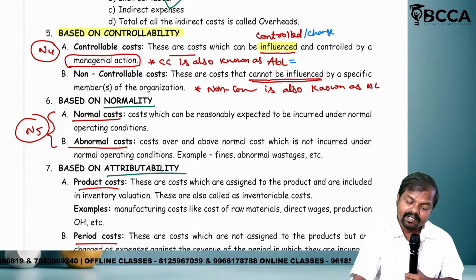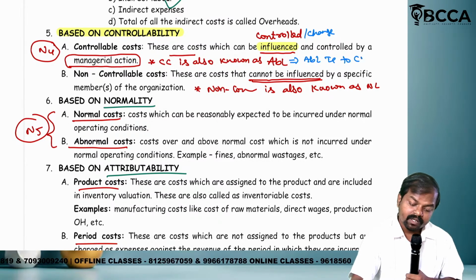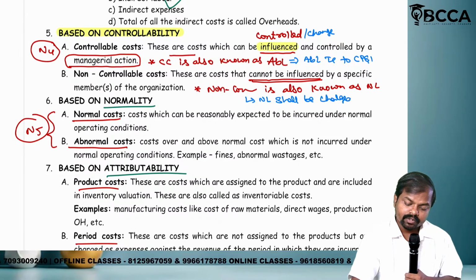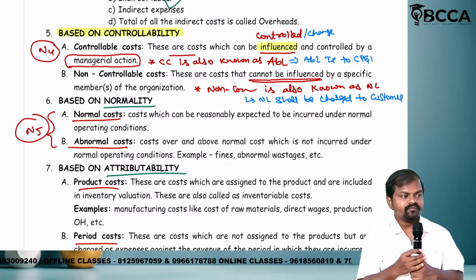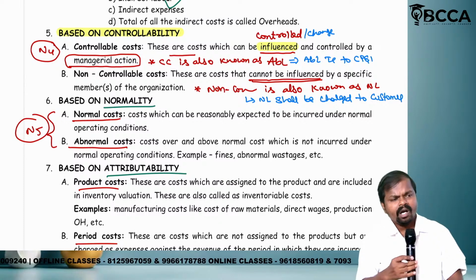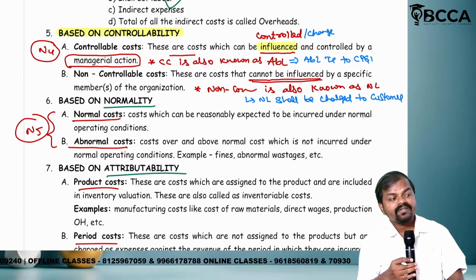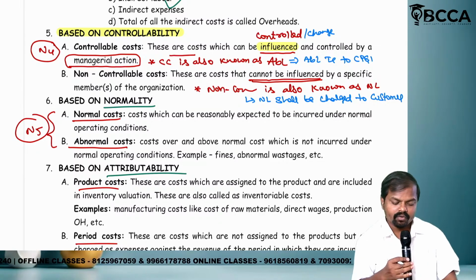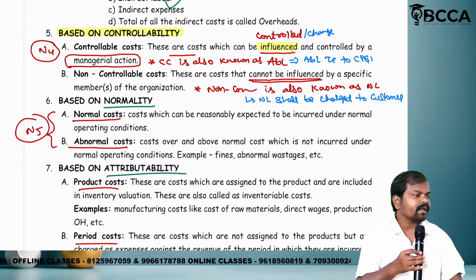Here please write abnormal loss is transferred to costing P&L. Normal loss shall be charged to the customer. How to charge to the customer? Please write, by selling good units. Clear?